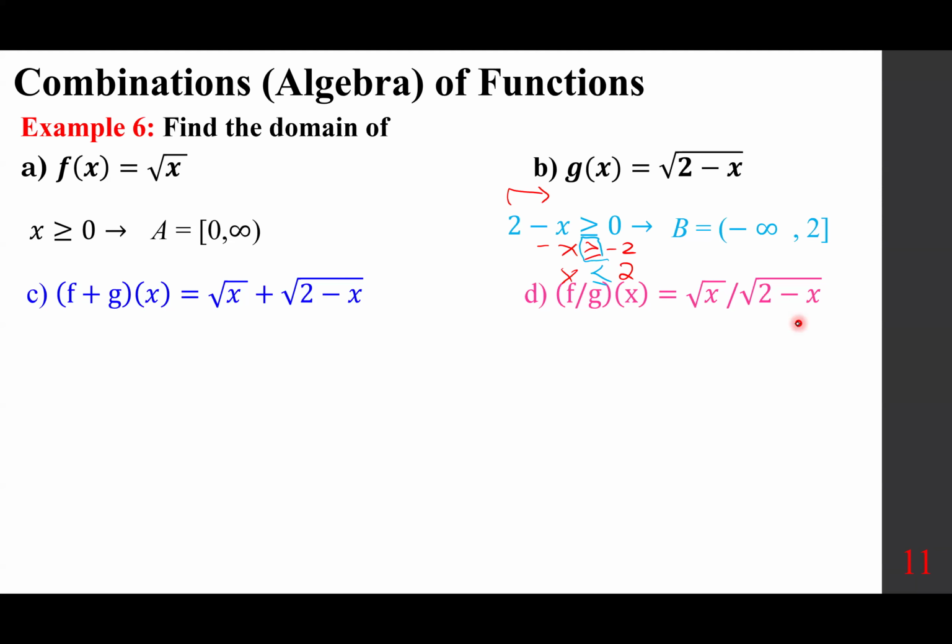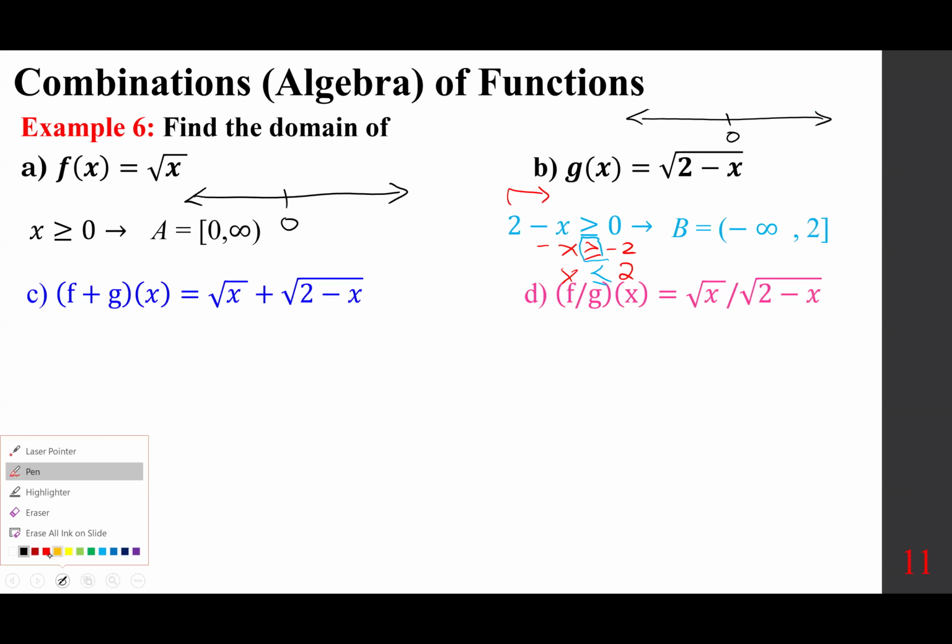From 0 to infinity and from negative infinity to 2, perhaps if you graph, it's easier to see. For this one, 0 to infinity, from here you include the 0, everything to the right.